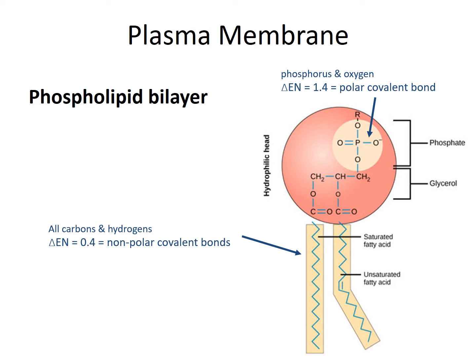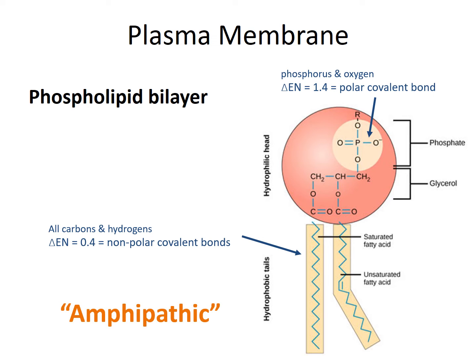And you'll remember that nonpolar bonds make hydrophobic molecules. But this phospholipid itself is one molecule with two different sides, and the two sides have different chemical properties. The phosphate head is hydrophilic, while the fatty acid legs or tails are hydrophobic.